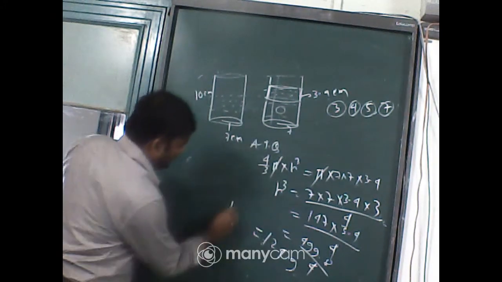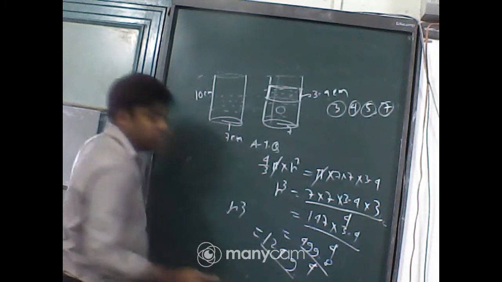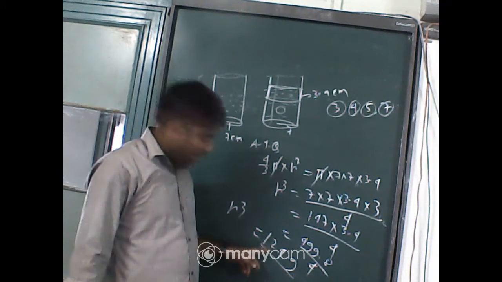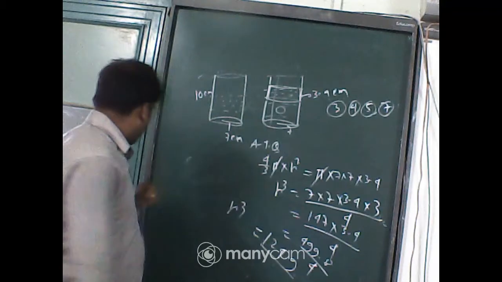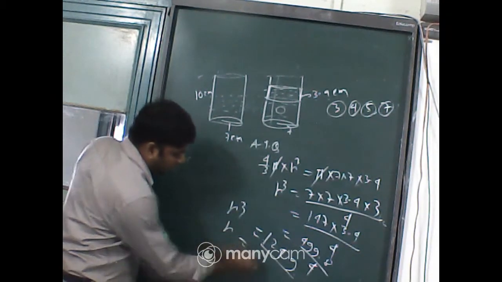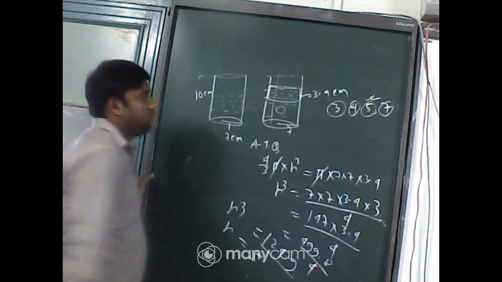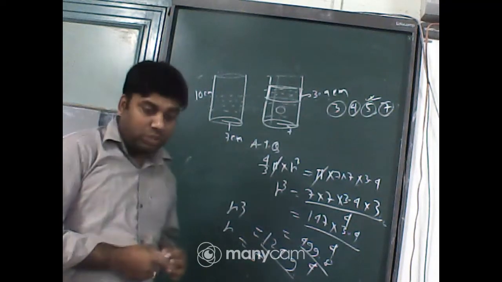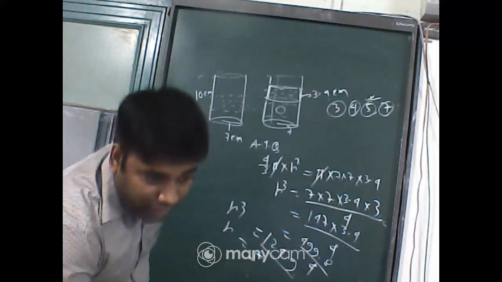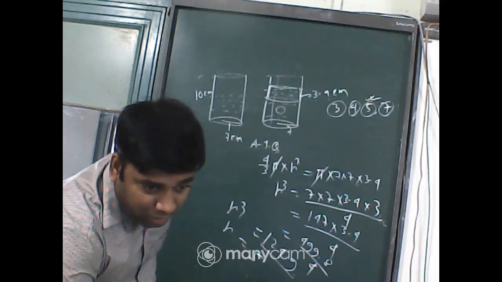Now students, r cube equal to 124.9, it is almost 125, so r equal to 5. This one is the answer. Okay? Got it, everyone?